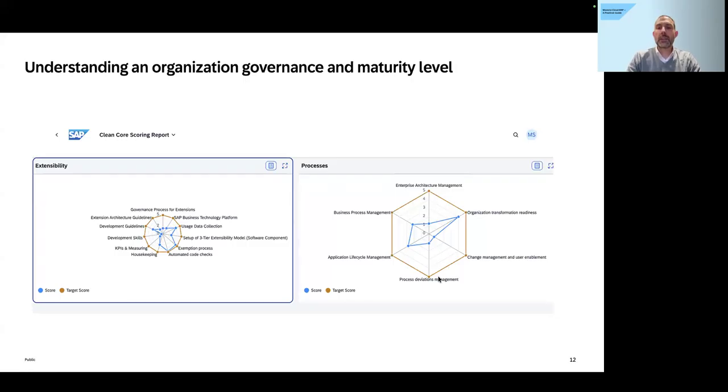I think Lukas probably also said it. I said it. We are not always expecting everyone to say I want to be at level 5, but in this particular example, and this is a real customer case, that customer said I want to be at a 5. You can see with this visualization that there is a gap between the current score and the target score on processes.